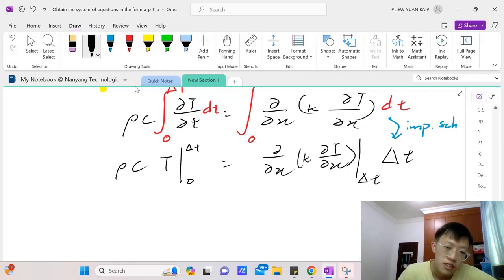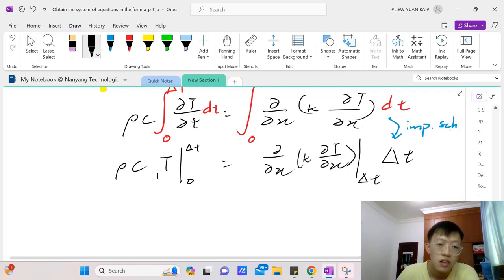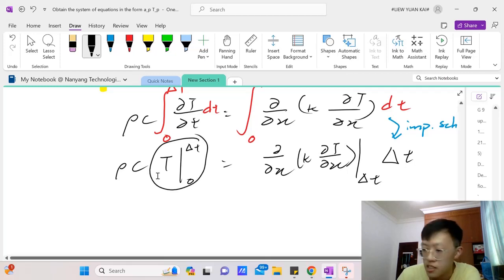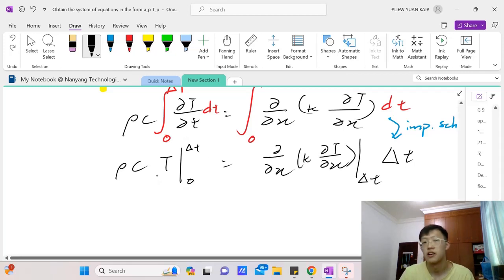Now let's have a look at how we solve this problem, and how we're going to deal with this. This is where you have to know a bit of notation.